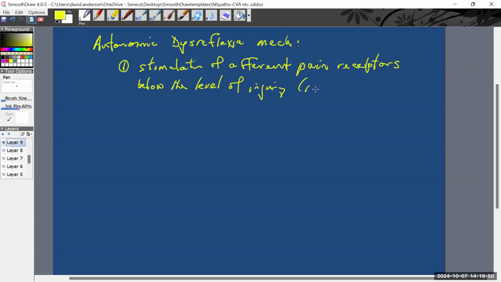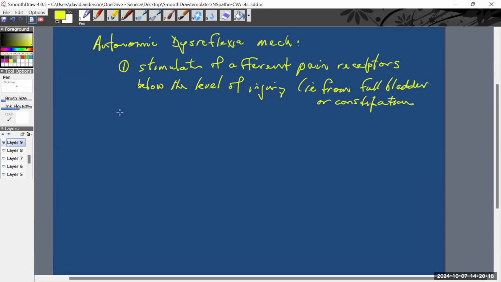So it doesn't have to be from an obvious source like an injury. It's going to be from a full bladder or constipation. So the pain signal is peripheral, but it's not going to get delivered all the way up into the cerebral hemispheres where you're going to become conscious of that.